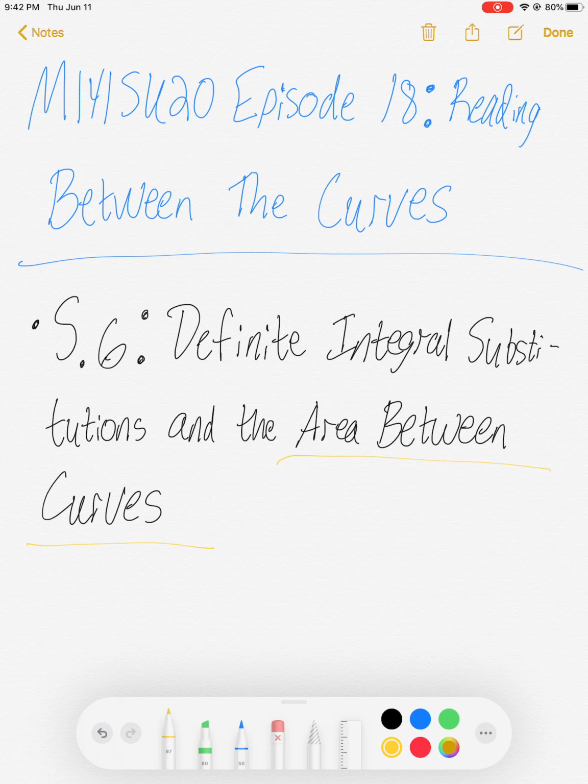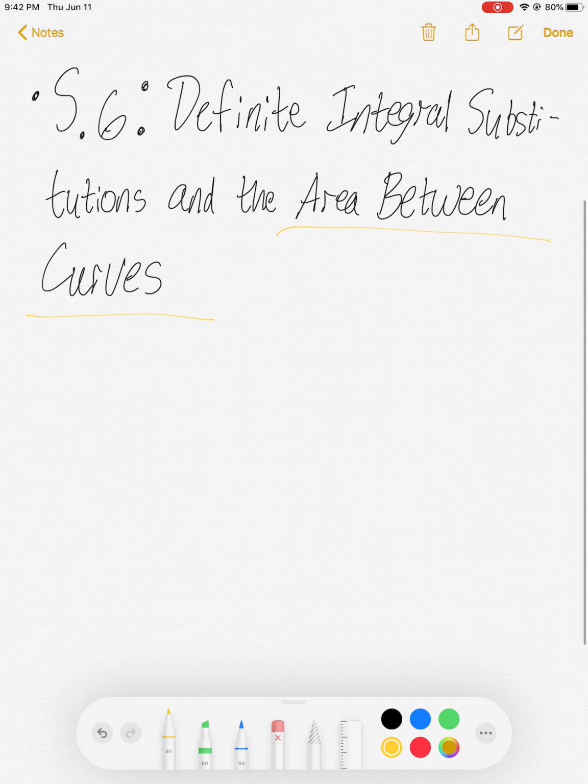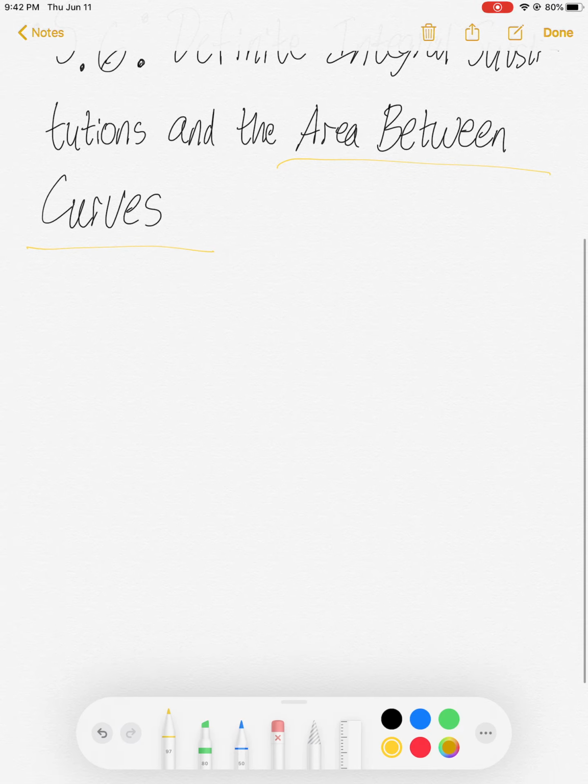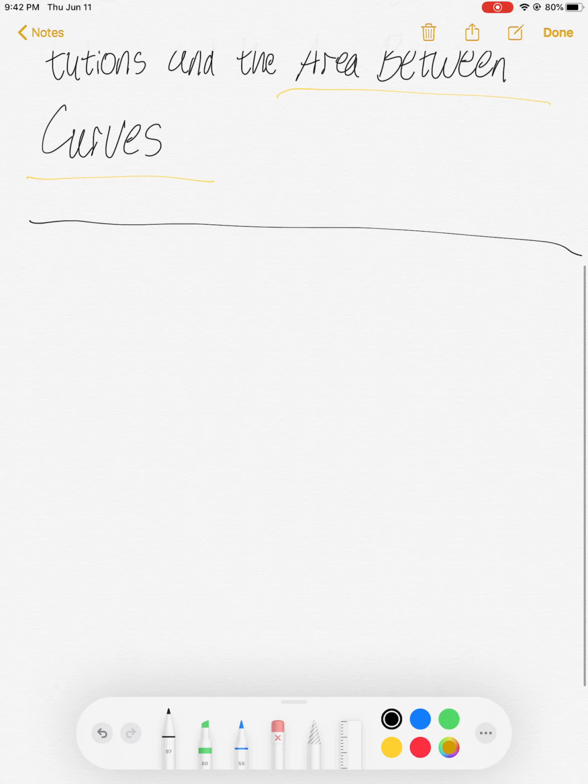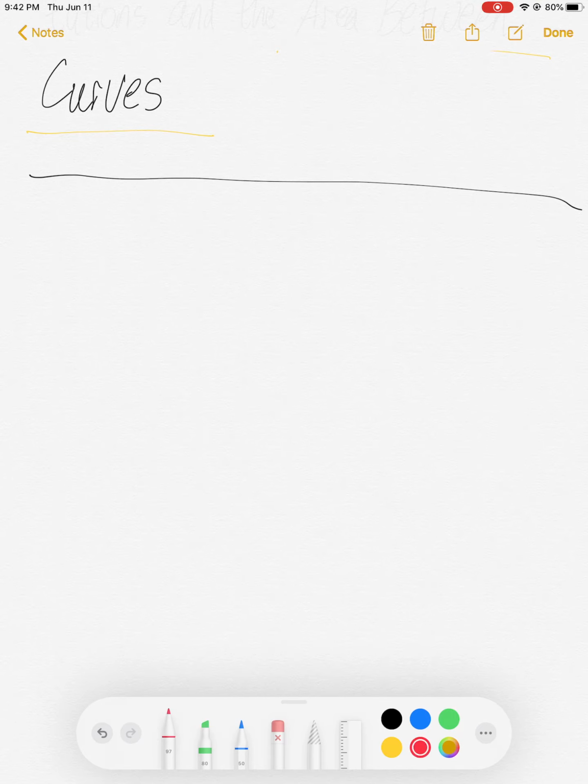So 5.6, in addition to finding the area between curves, we look at the definite integral substitution method. In the last video, we looked at how we can use the substitution method, otherwise known as U-substitution, to solve indefinite integrals. And we also learned how to solve definite integrals using the fundamental theorem of calculus.